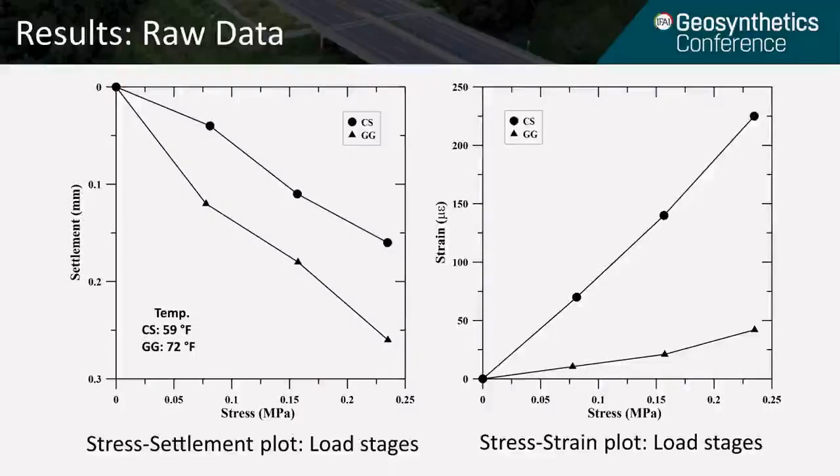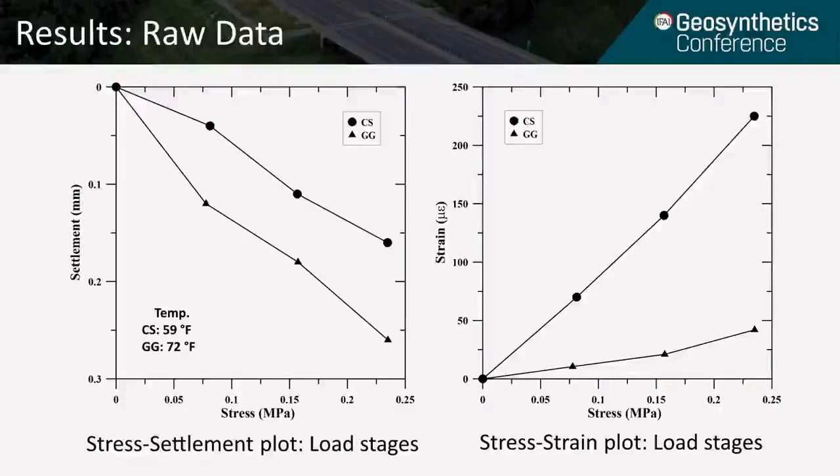Also, we can see that even though strains in control section is higher than that of a reinforced section, the settlements in control section is consistently lower than that of a geosynthetic reinforced section. This probably may be due to the influence of ambient and surface temperature during the tests.